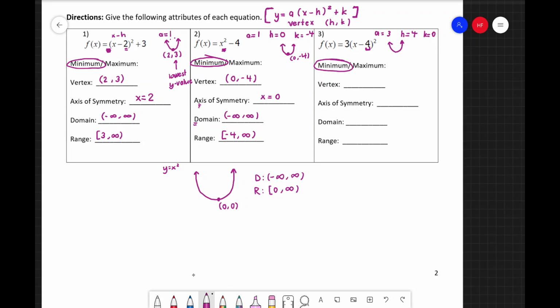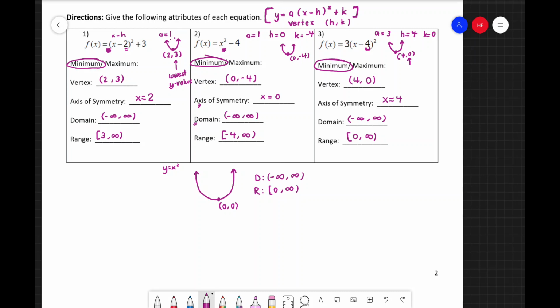My vertex is (h, k), so (4, 0). Axis of symmetry is the x value of the vertex. Domain does not change. And then for the range, we're looking at that lowest point, which is (4, 0), my y value. That's the lowest y value I can have, which would be 0 to infinity.